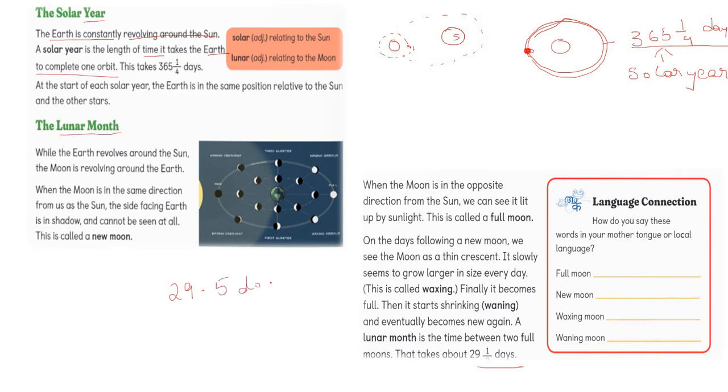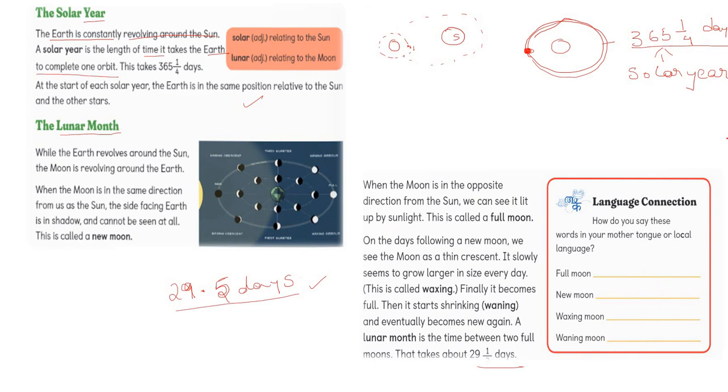See, these 29.5 days is called a lunar month. The length of the month is 29.5 days.